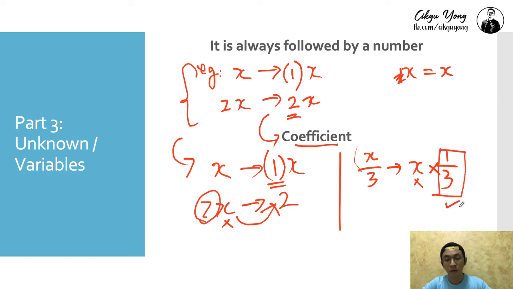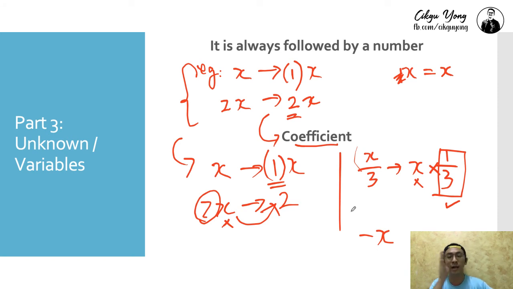All right. So as of now, just bear in mind that whatever unknown or variable that you can see in your questions, they should be having numbers following. All right. So don't be confused like when I ask you like X, where's the number, or blah blah blah. Or even though another example given to you, negative X. So negative sign is negative sign. So back in our first topic, we did learn about integers.